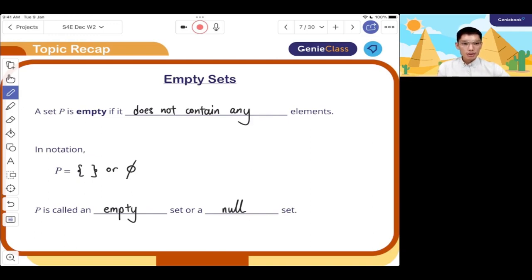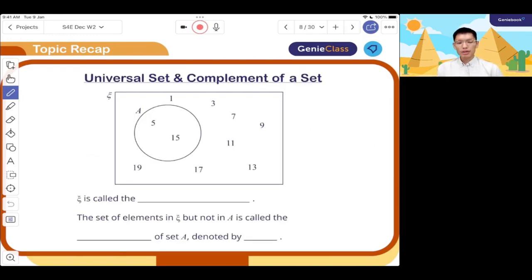And lastly, also what we can actually recap is this thing called the universal set or complement of a set. Now, in this case, universal set, as the word universal, you can link it to the word universe. It means it contains everything. So therefore, this particular alphabet here is what we call the universal set.